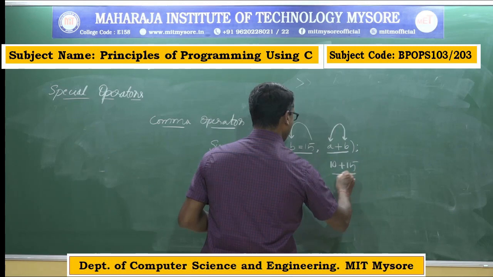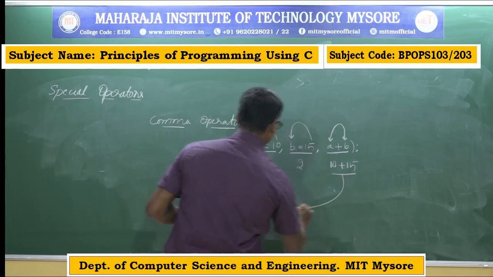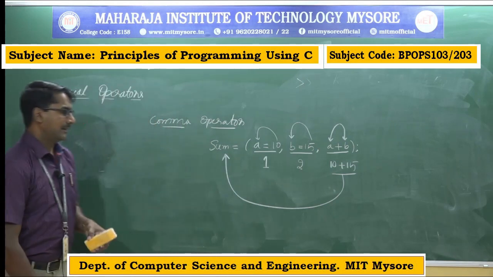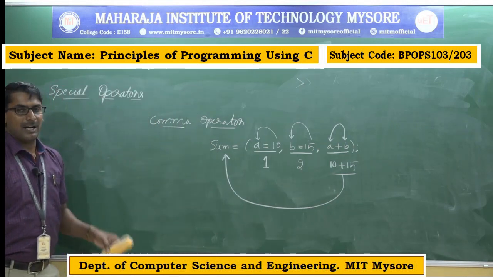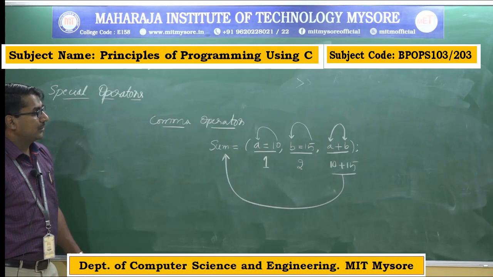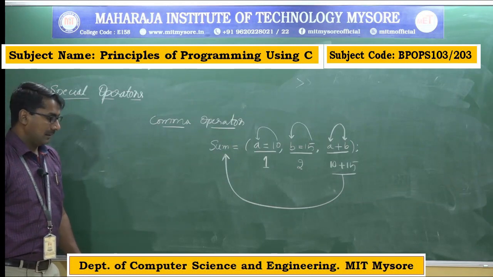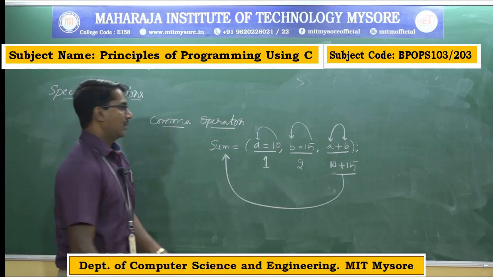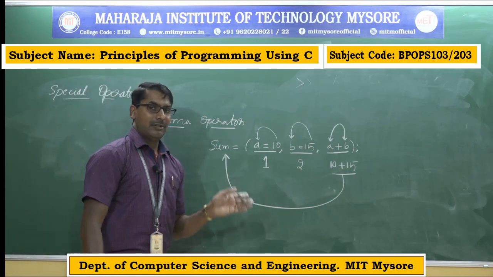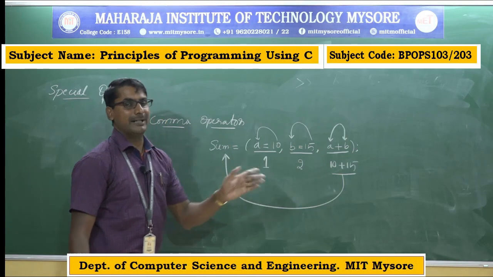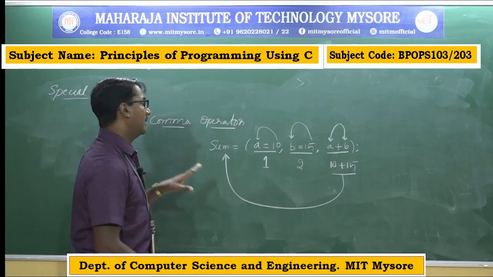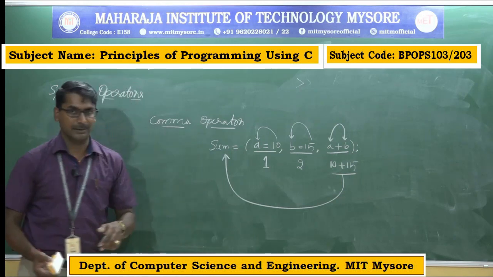After evaluating 10 plus 15, the result will be assigned to sum. Here the comma operator is mainly used for providing a link between related expressions. So comma operators operate from left to right, meaning the evaluation is done left to right. That is about the comma operator.